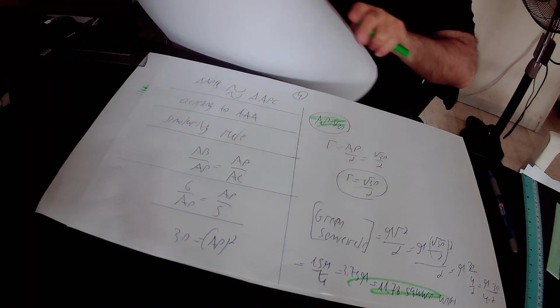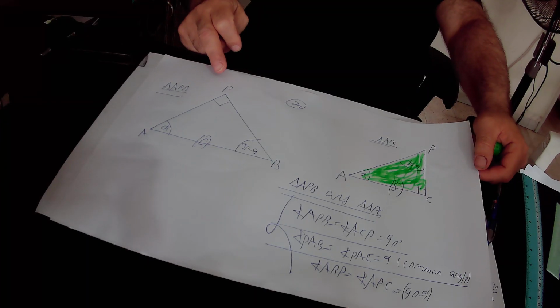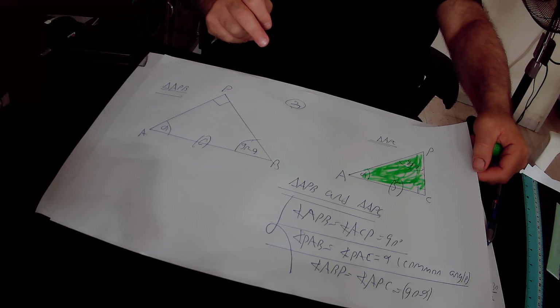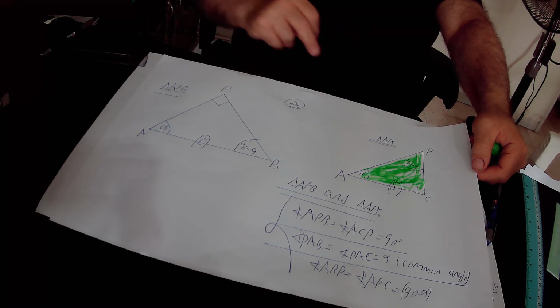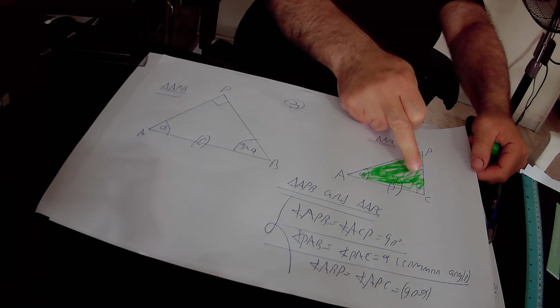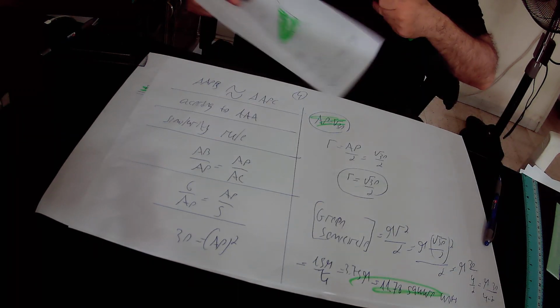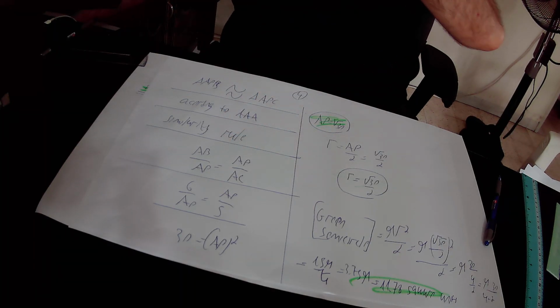We derive that side AB in this right triangle APB over side AP in this green triangle equals side AP in this right triangle over side AC in this green triangle. Repeat again. We derive that AB over AP equals AP over AC.